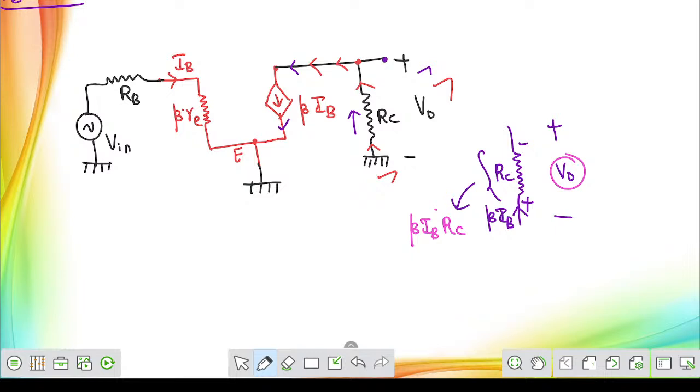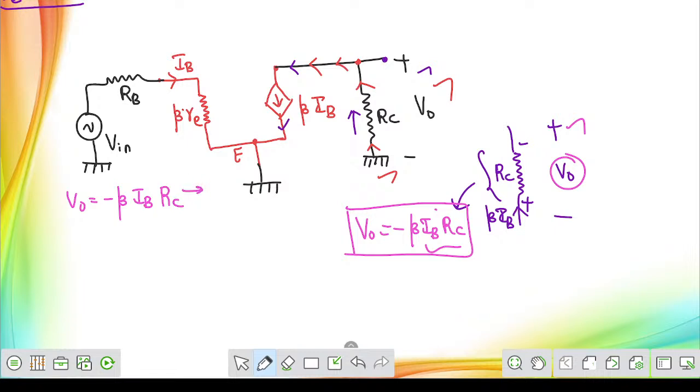But the problem is V0 polarity and the voltage drop in terms of current are in opposite directions. So you will have to consider V0 equal to minus beta times of Ib into RC. So what we found successfully, the output voltage can be written as minus beta times of Ib into collector resistance RC. Treat this one as your equation number 1.